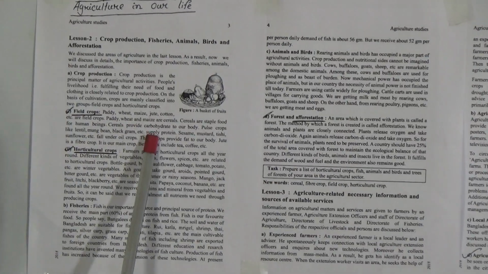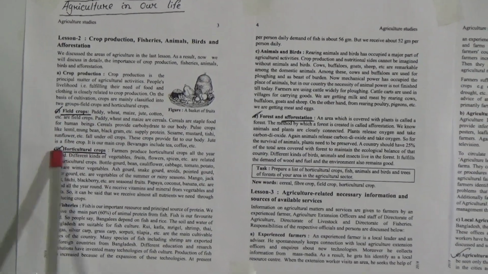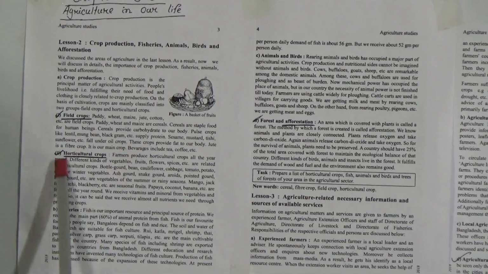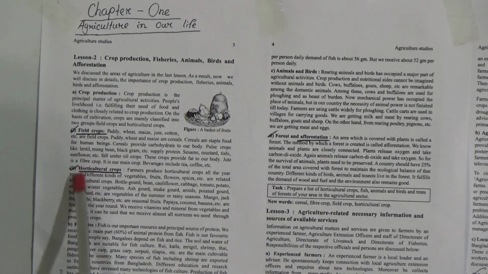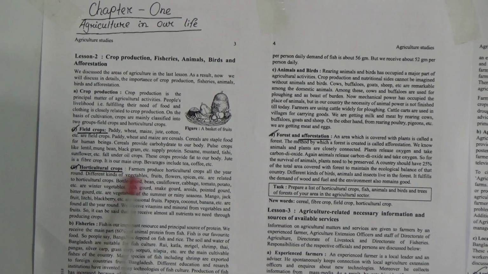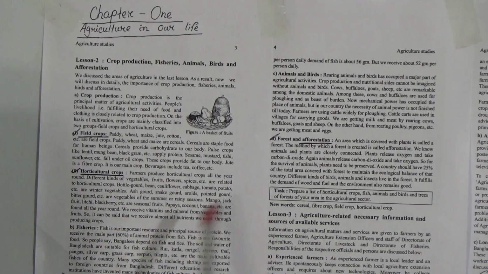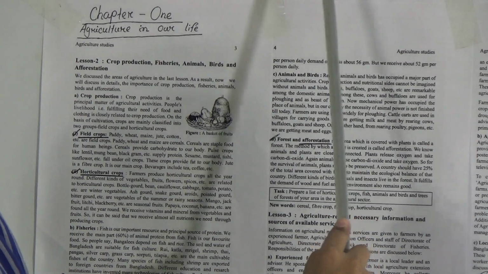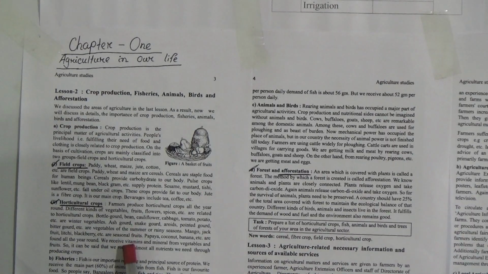There are lots of field crops here and also lots of examples of this type of crops, horticultural crops. So for the question answer number C, you can collect information from lesson 2.